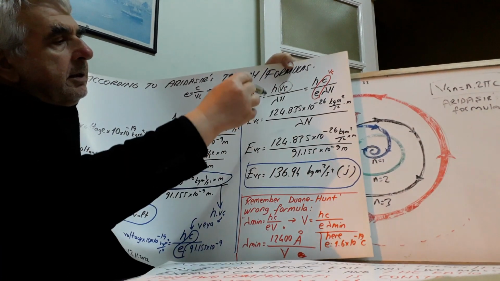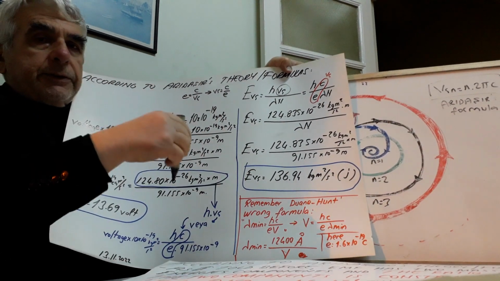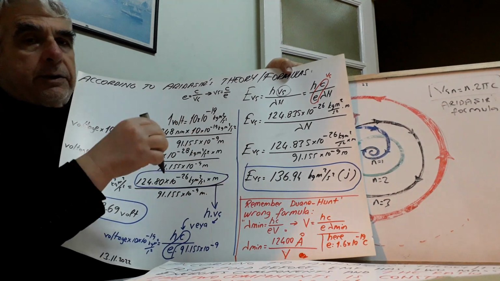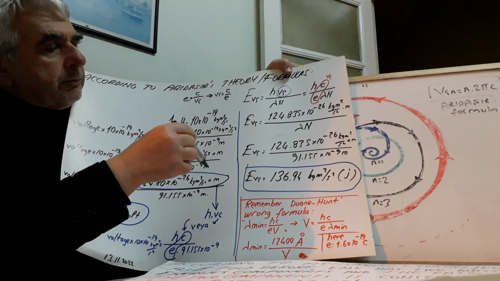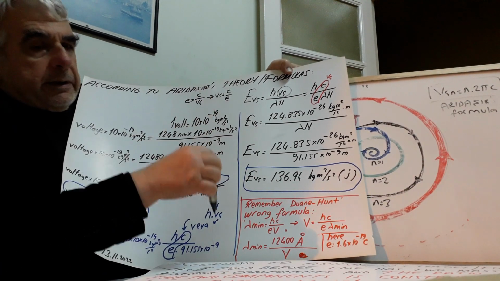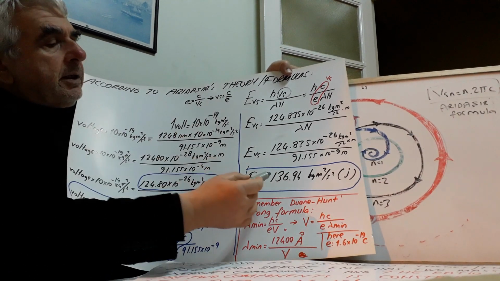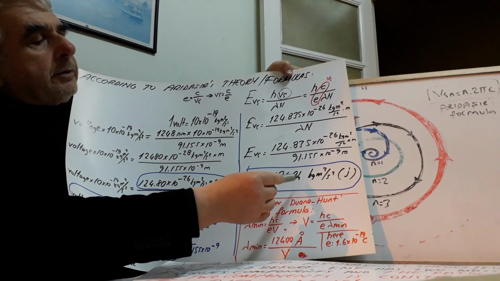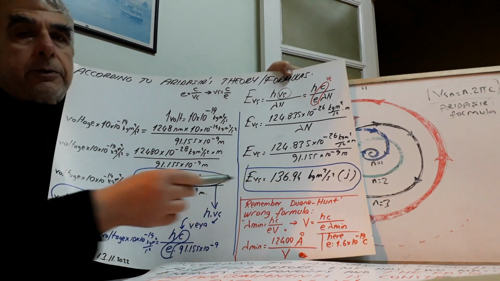Then I have computed linear velocity component of electron for 91.155 nanometer wavelength electron motion form. Its linear velocity component energy, for at rest electron, is 136.94 kilogram meter square divided by second square, or joule.